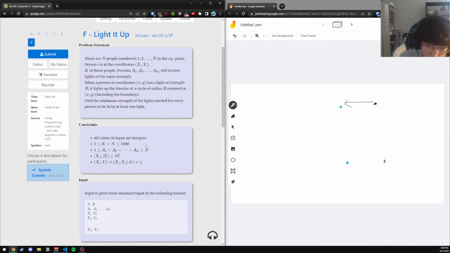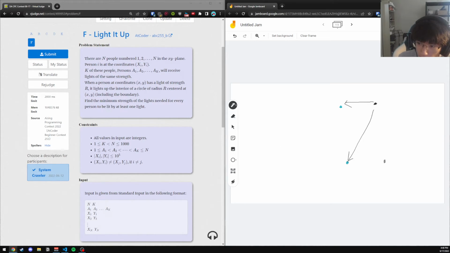And the values are pretty small, so it turns out you can brute force through all the combinations of people with lights, find the distance towards people with lights, and find the minimum. That's going to be the value that this person needs.